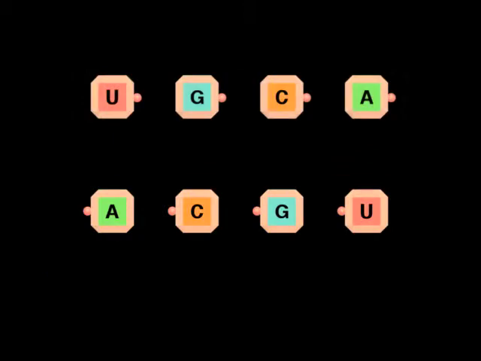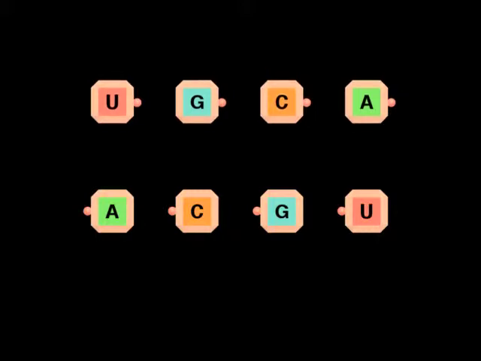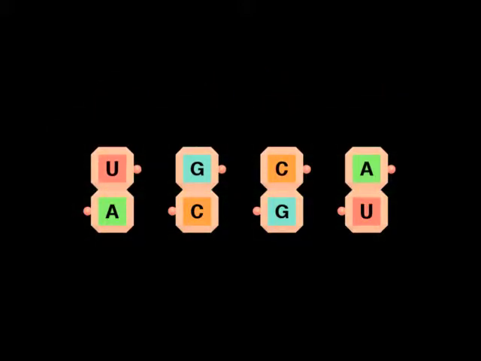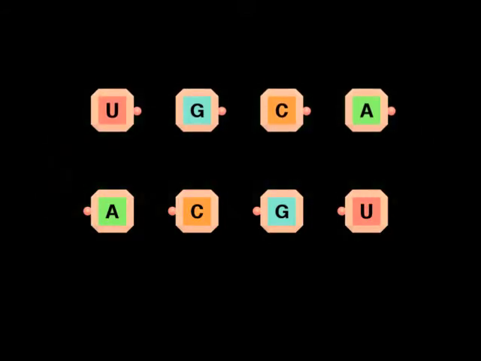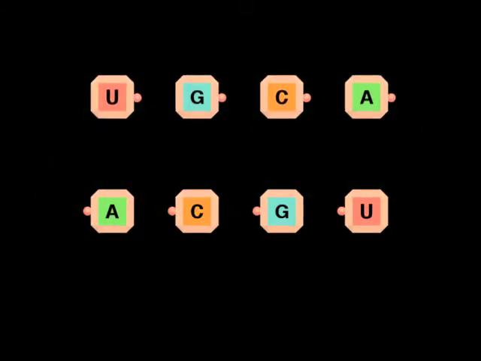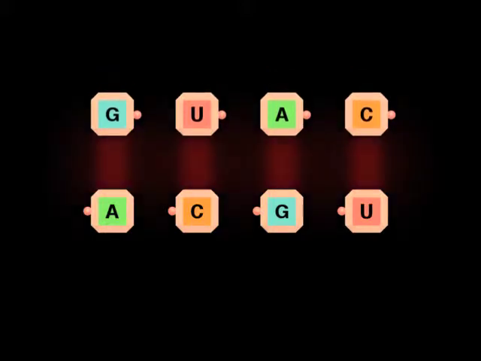Nucleotides react with one another because of their differing chemical natures. For example, when U approaches A and G approaches C, they attract and stick to each other. Switch partners and the opposite occurs. G and A and U and C repel each other.